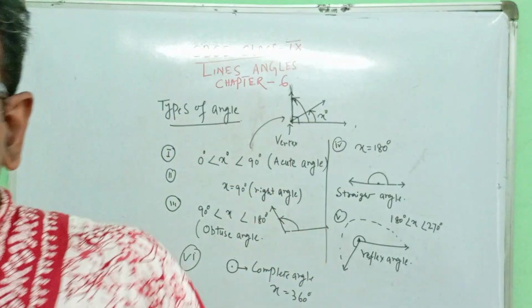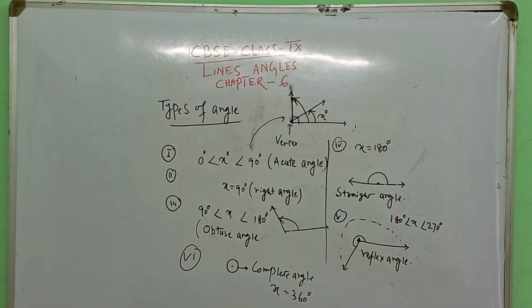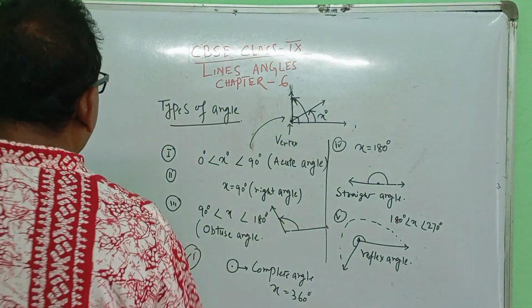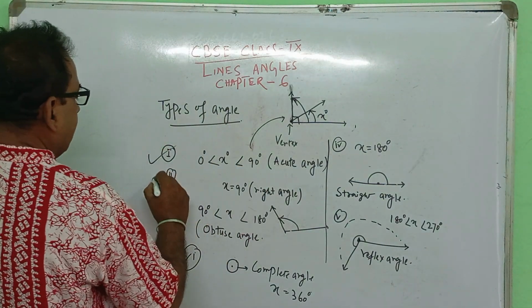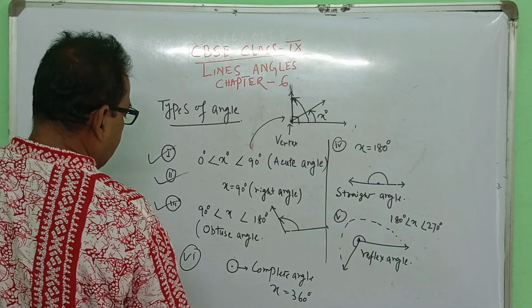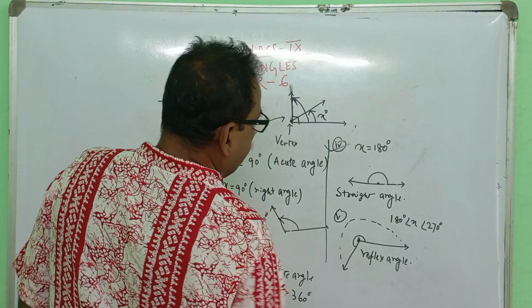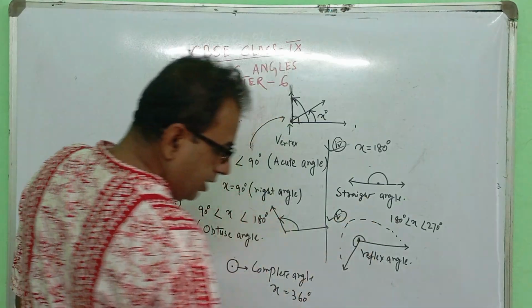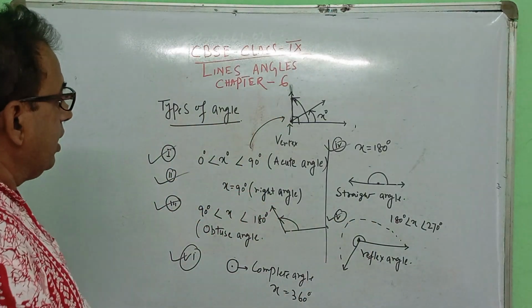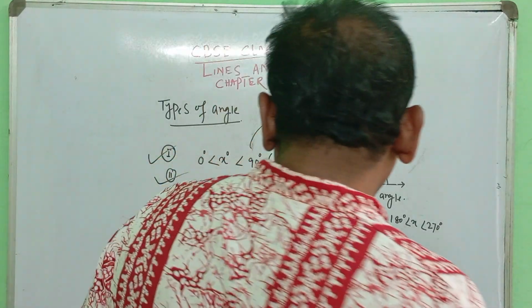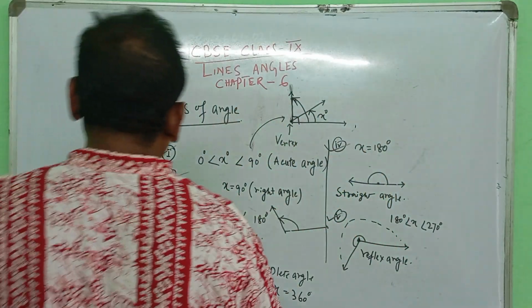So there are 6 types of angle: acute angle, right angle, obtuse angle, complete angle, straight angle, reflex angle. Now these are the things about the types of angles.